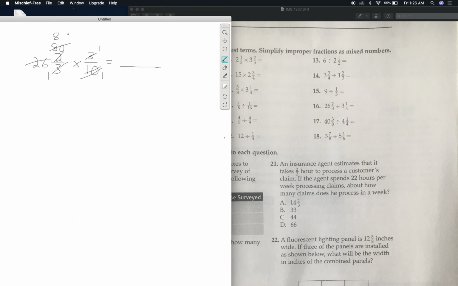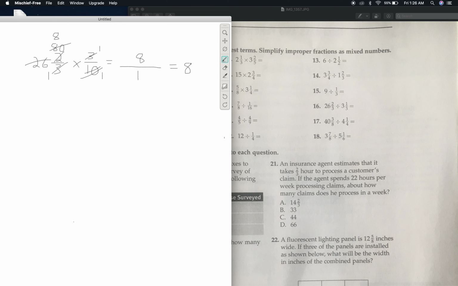So now we have 1 times 8 and 1 times 1. That made it so much easier. So again, 8 over 1 always equals 8. So that is your answer for number 16.